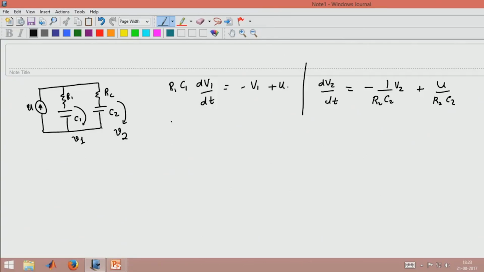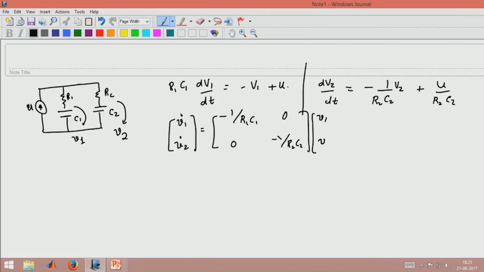In state space form, V1 dot, V2 dot equals the matrix minus 1 over R1 C1, 0, 0, minus 1 over R2 C2 times V1, V2, plus 1 over R1 C1, 1 over R2 C2 times U.